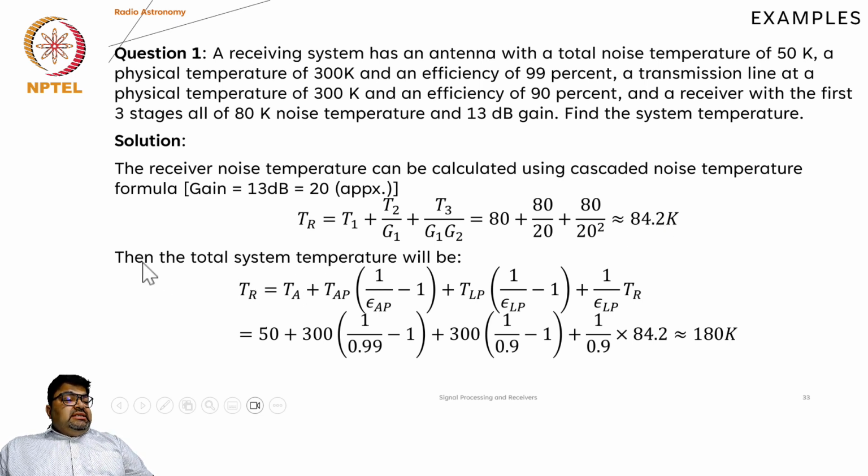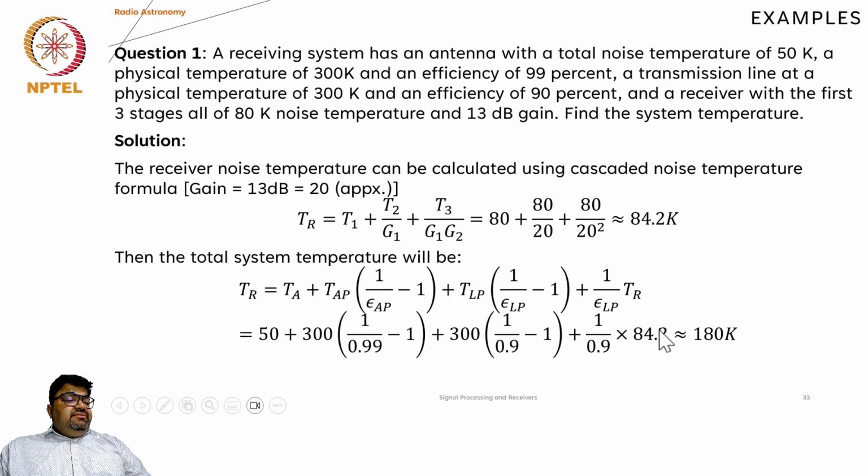Now the total system temperature is given by Tsys, which is the antenna temperature plus the ambient physical temperature times 1 over epsilon_AP, 99%, minus 1, then the line temperature TLP given by 300 again, and 1 over epsilon_LP, 90%, and then TR.